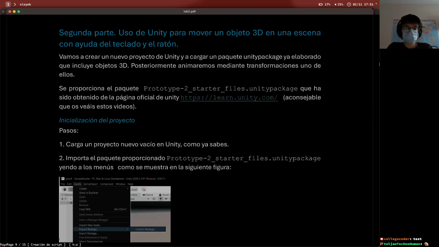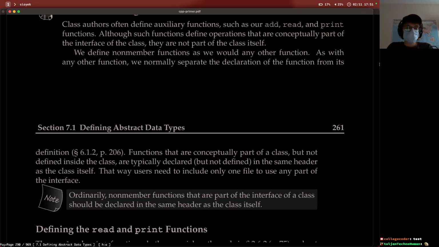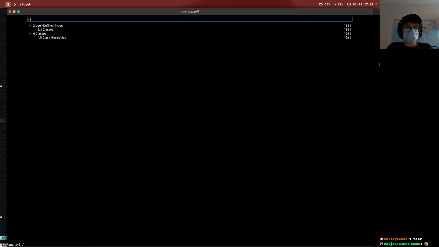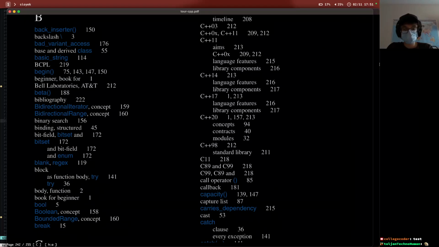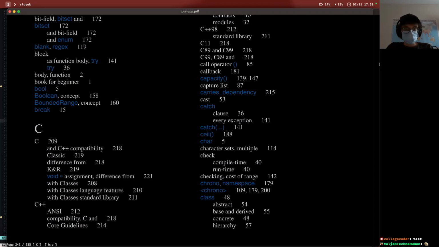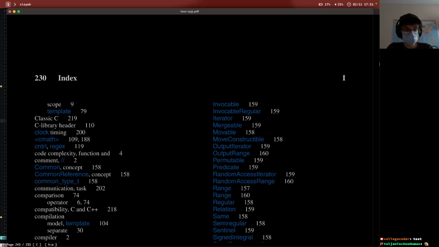In fact, let me check up C++ Primer. Well, I don't think clog is mentioned here, and if I go to the index of True C++ and I go to the C, B, C, and I go CL, nope, clog is not there.